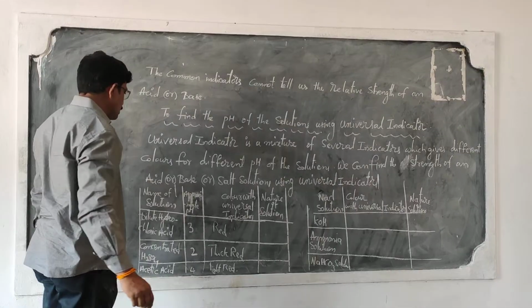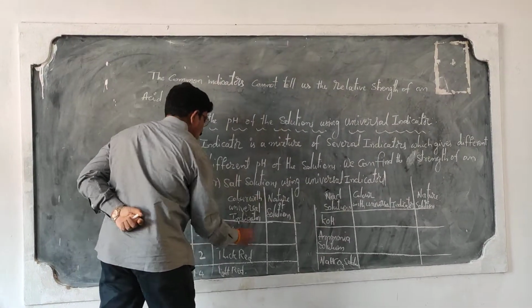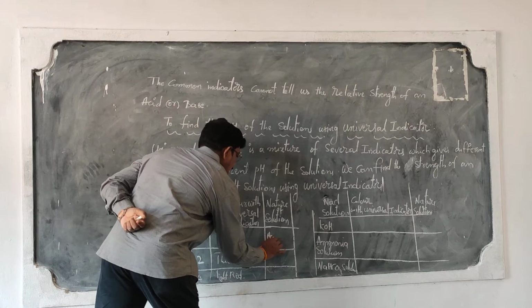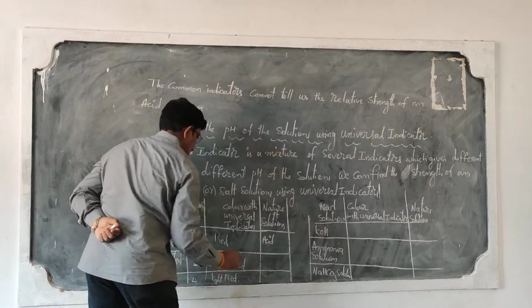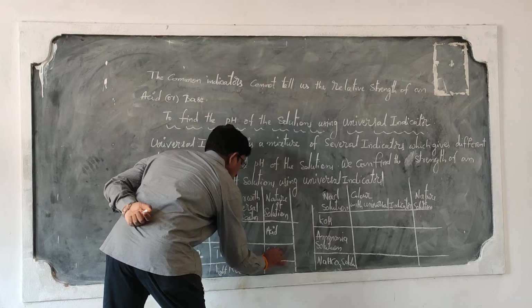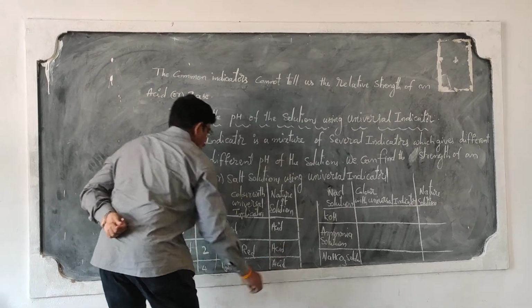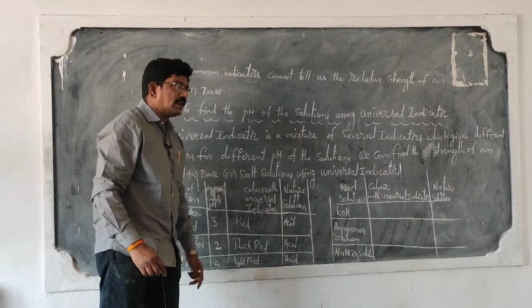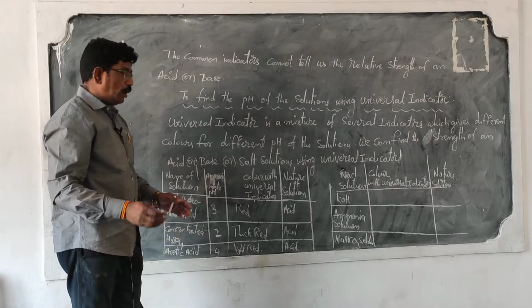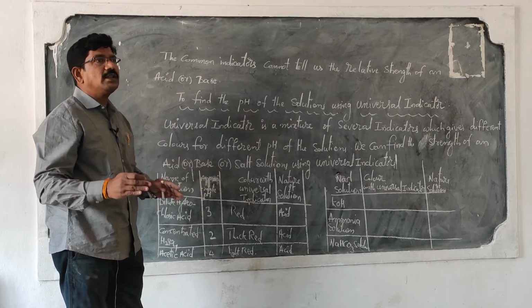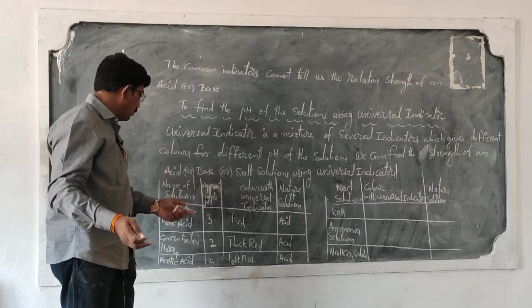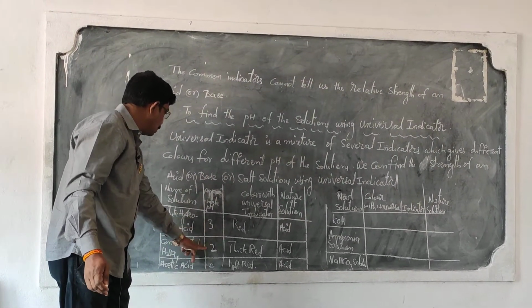So the nature of the solution, what is that? Acid. This is also acid. All the three are acids. Lower the pH, larger the strength. Are you clear about that one? So 3, 2, 4.